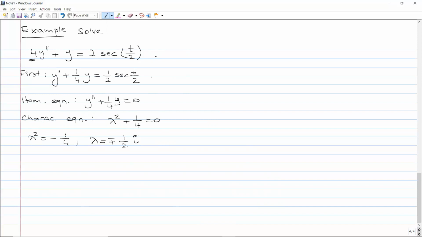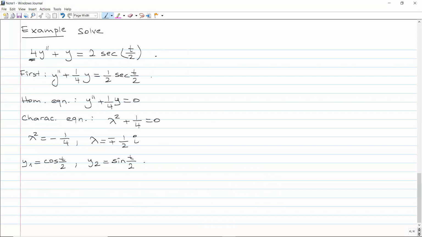We have complex roots, plus or minus 1/2 i. So the first solution is y1 equals cosine t over 2, because in our complex root the imaginary part b is 1/2 and the real part a is 0. And y2 is sine t over 2.